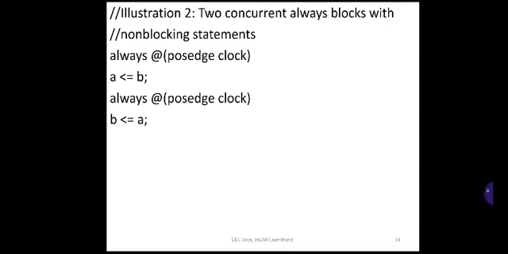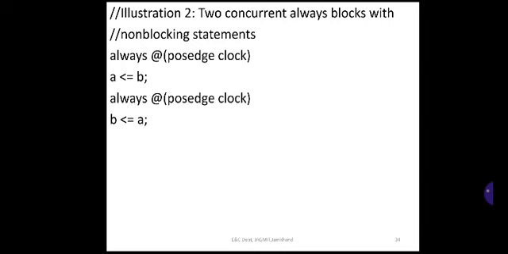Then the left hand side variables A and B, this is a write operation. The value of the right hand side will be assigned to the left hand side after a specified delay. Here the delay is not specified, so it will execute at the positive edge of the clock pulse.